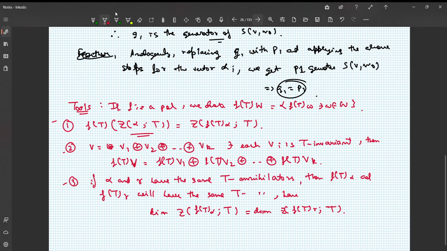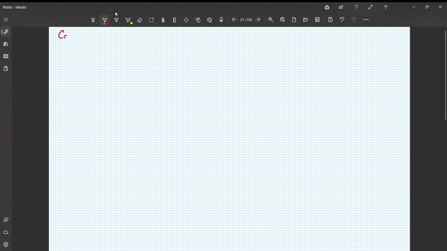Okay, so these are the three tools we would use.